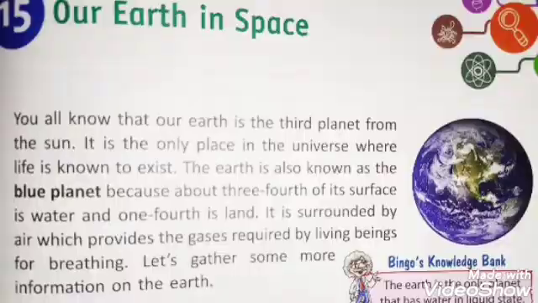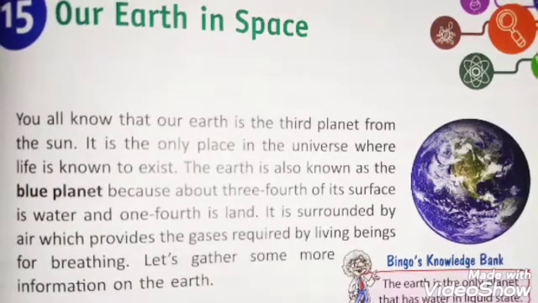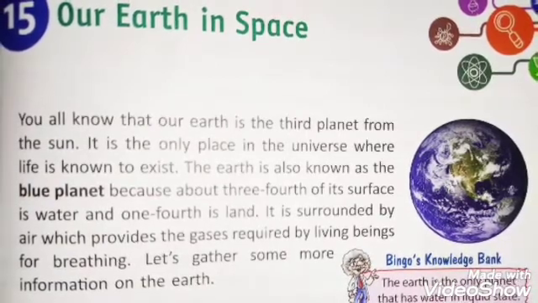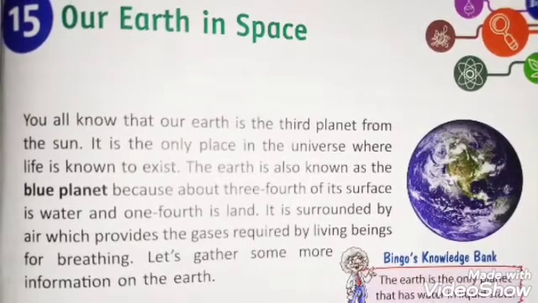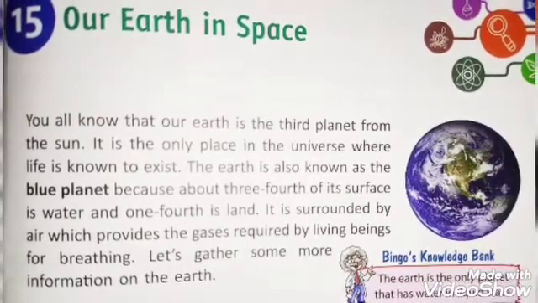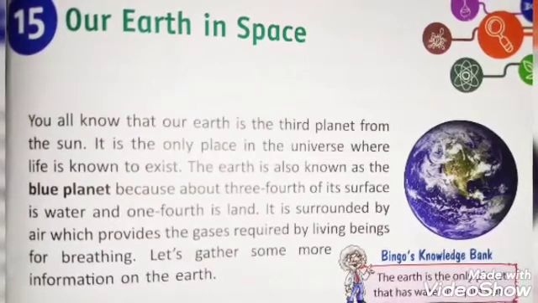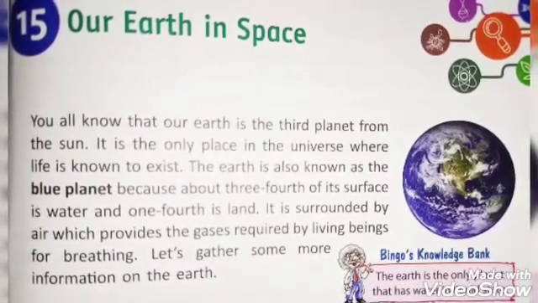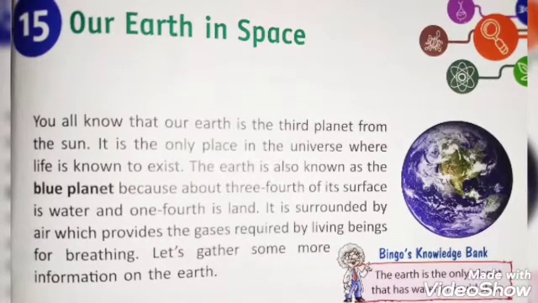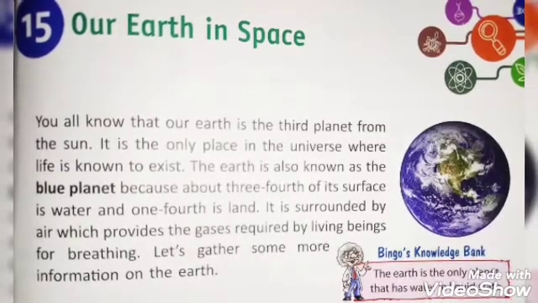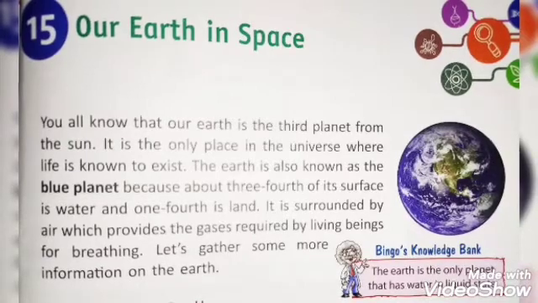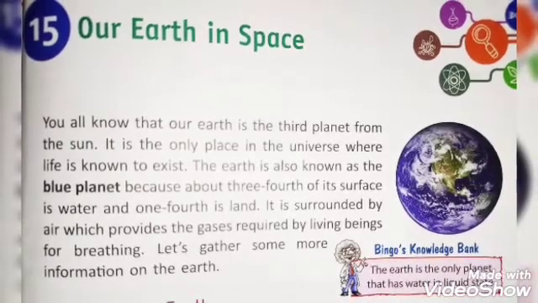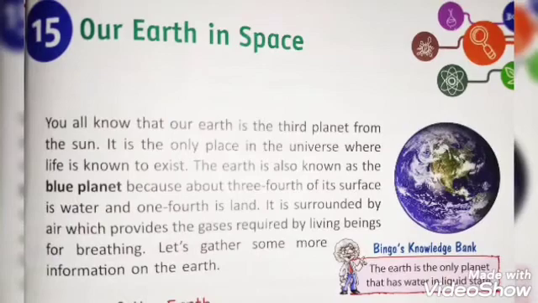The Earth is also known as the blue planet because about 3/4 of its surface is water and 1/4 is land. So, children, from space, Earth looks like a blue ball.